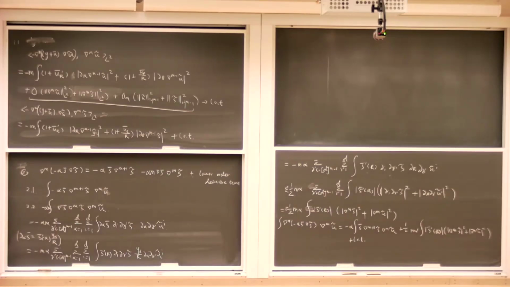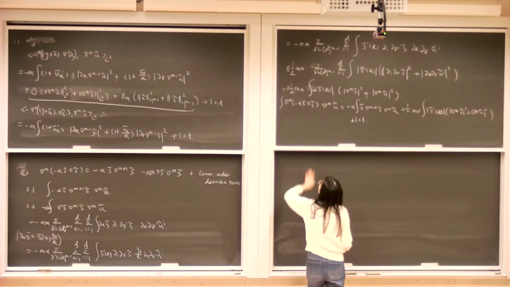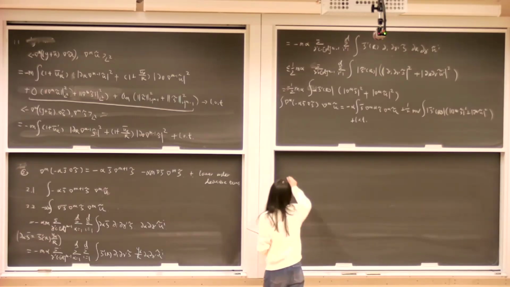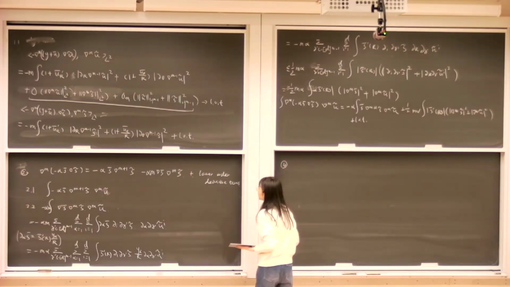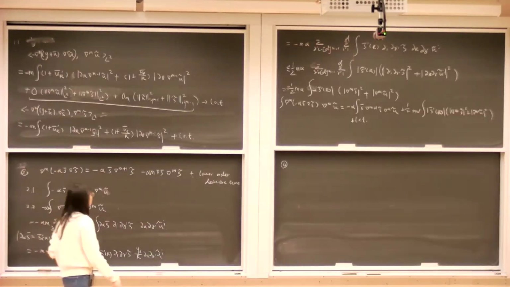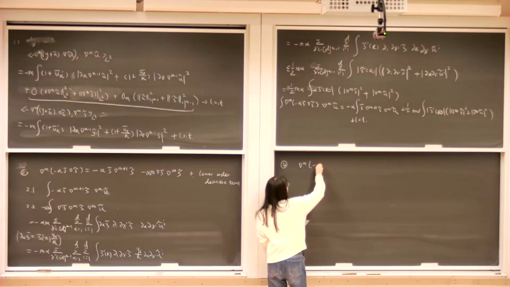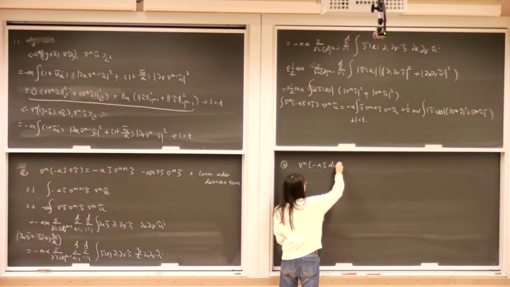So what about the last one? The last one is very similar, it's term 4. So we'll do it in a similar way. The term 4 involves the gradient, the Mth derivative of alpha S bar divergence.